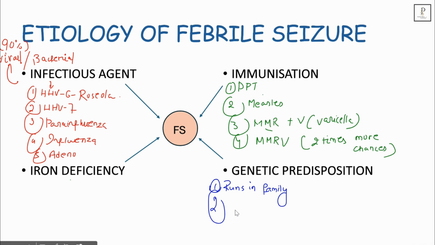Genetically, febrile seizure is polygenic. So there may be many genes associated with febrile seizure. Some of the common and important genes are Feb1, Feb2, Feb3, and Feb4. Another is P43Q mutation.